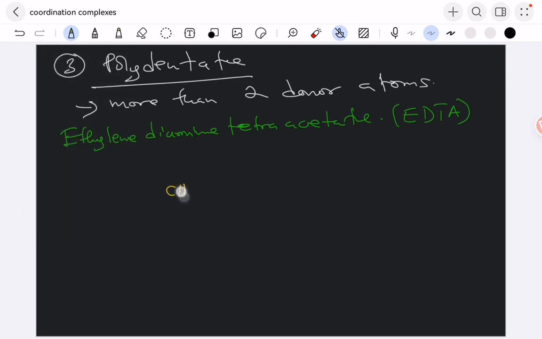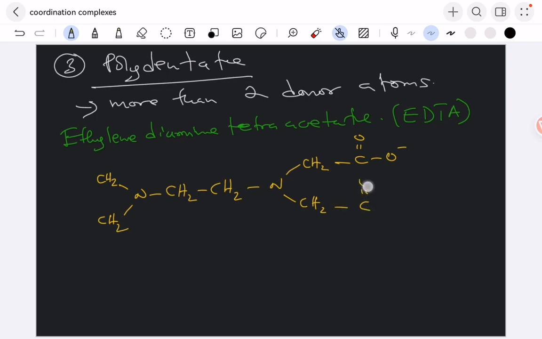So it appears something like this, bonded to nitrogen, and there's a CH2 here, CH2 there, CH2 here, CH2, then you have an acetate there, similar thing here.